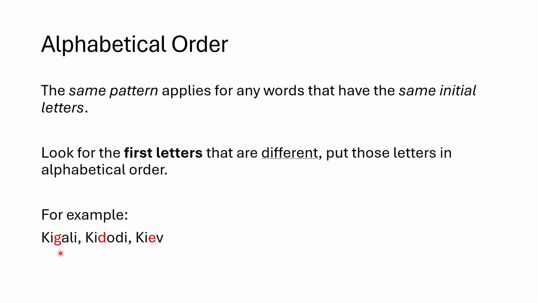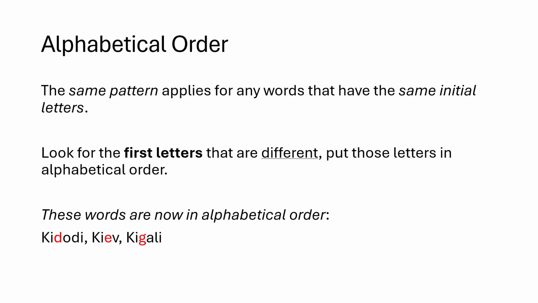The third letters of these words are different. Use these letters to order them alphabetically. Each of these words begin with Ki. By looking at the third letters, we can see that D comes first, followed by E and G. These words are now in alphabetical order.